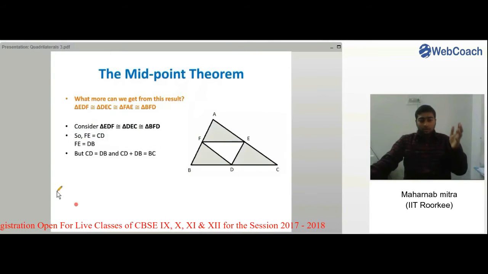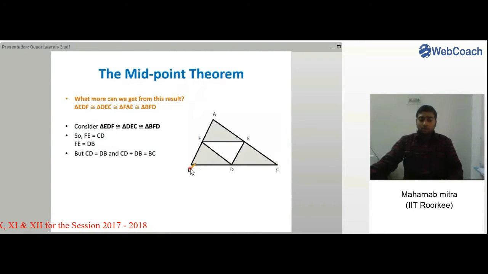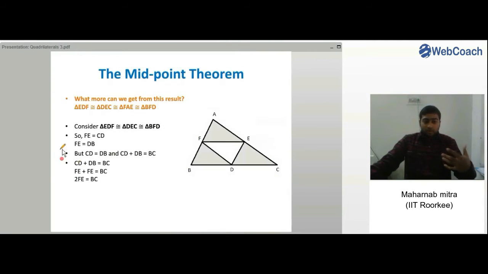So you can see CD is equal to DB, right? Why? Because D is the midpoint. And also CD plus DB is equal to BC, right? And from this we replace CD with FE and DB also with FE, because all these are equal as we have got here, right?